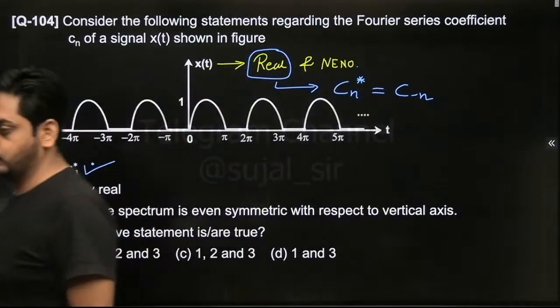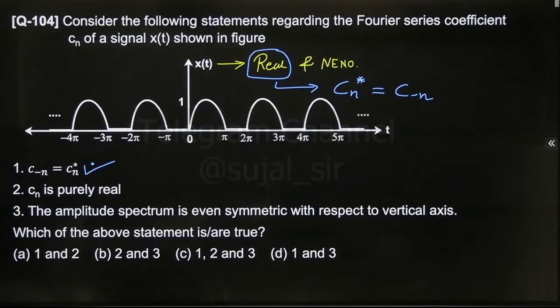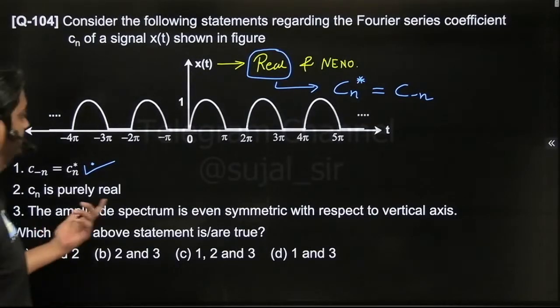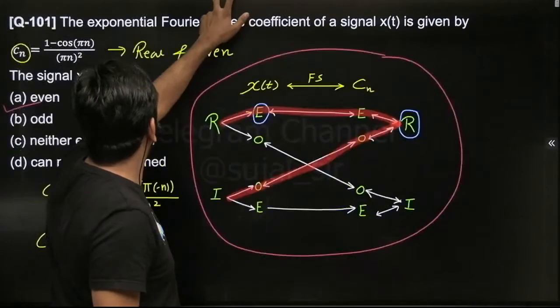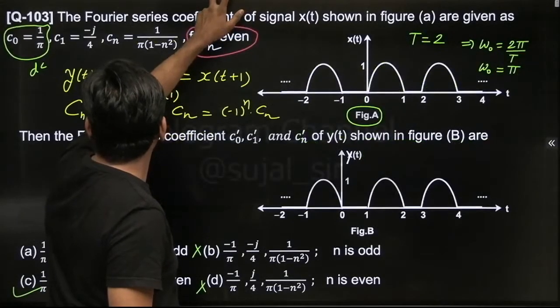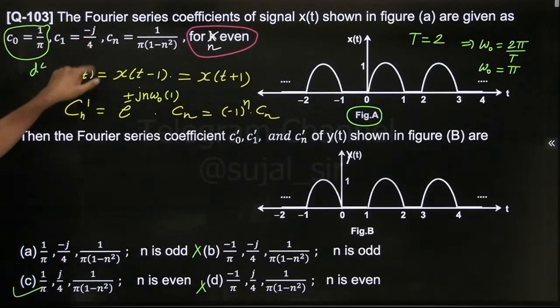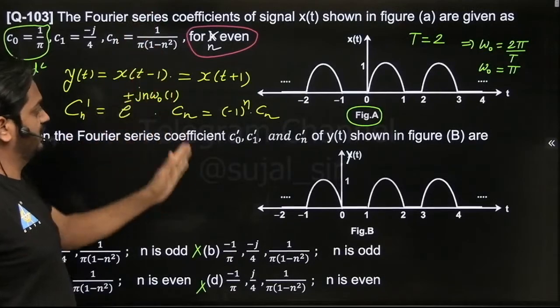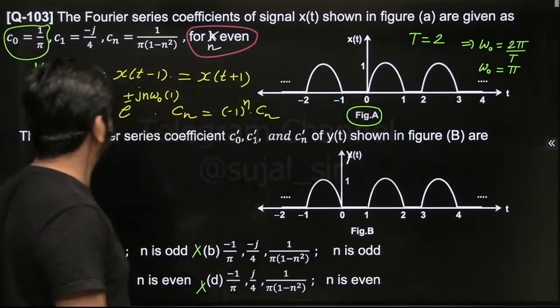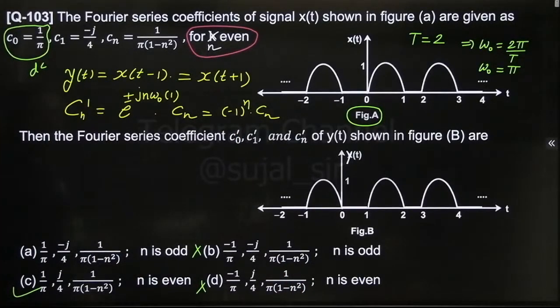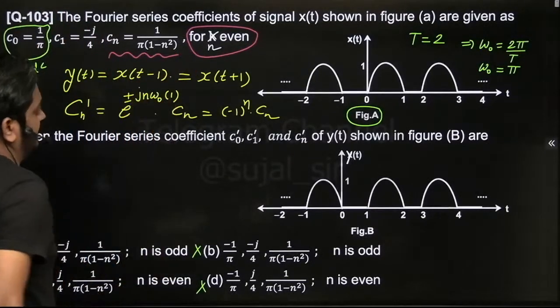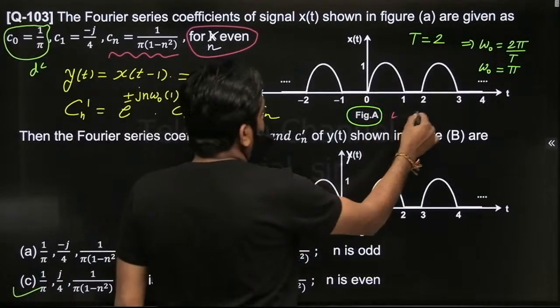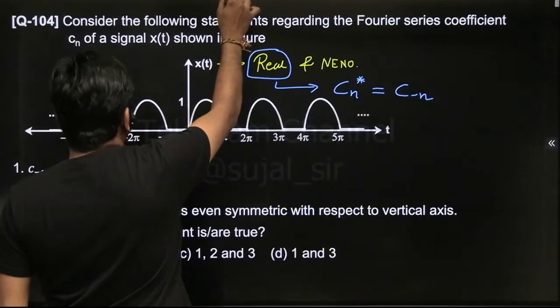To check, we have to find the Fourier series coefficient. You can take the previous example, question number 103, where we found Cn. C1 is minus j by 4, and Cn is 1 upon pi times 1 minus n square for even values of n. So this is even symmetric with respect to the vertical axis, the y-axis, that is, Cn is equal to C minus n, because this graph and this graph are both the same.